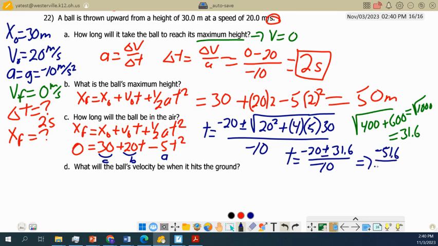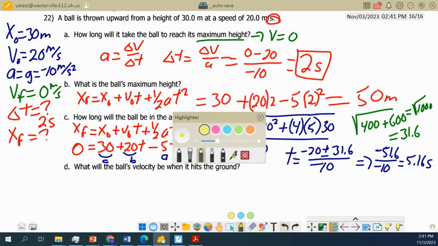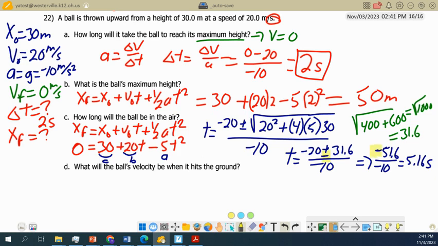Divide that by -10, and this is going to give us 5.16 seconds. Again, we wanted the negative root here because we're looking at time that's in the future, not time that is in the past.